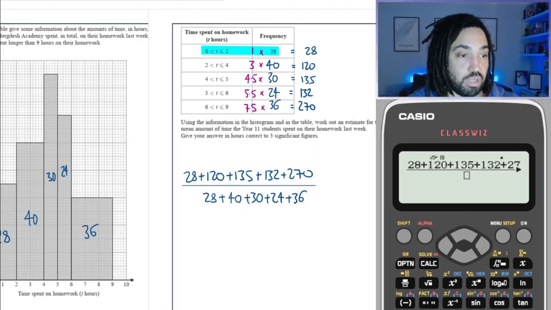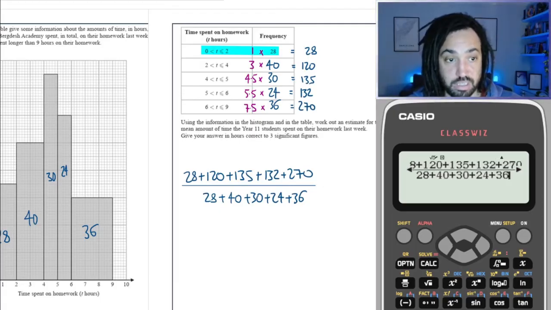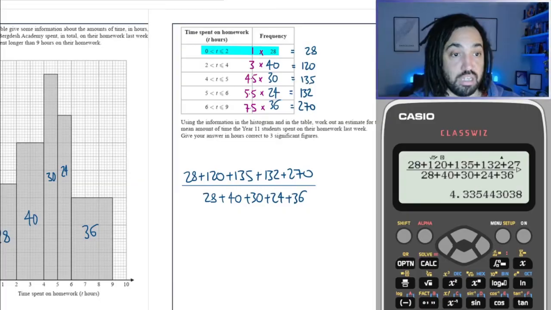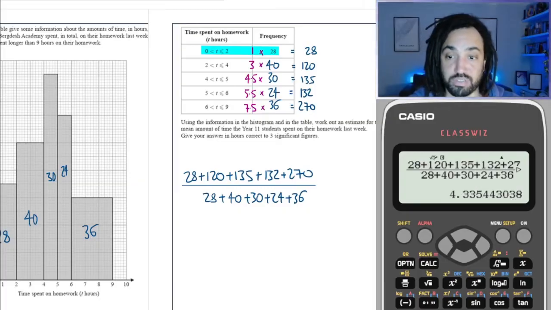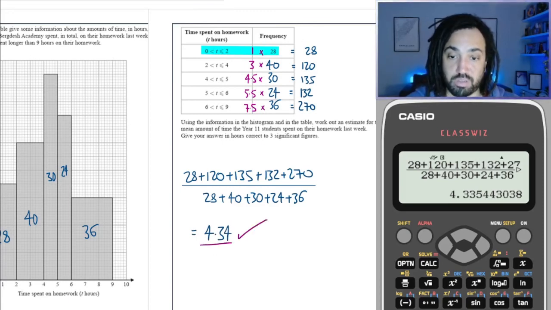And I can do that in one calculation on my calculator, that's fine. So just do this, and then press enter. And this is our value. So to 3 significant figures, this is equal to 3.34. Bosh.